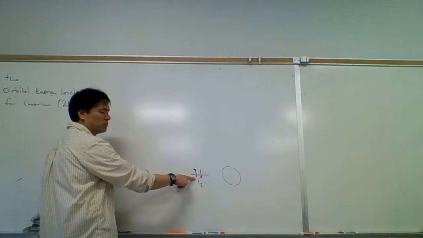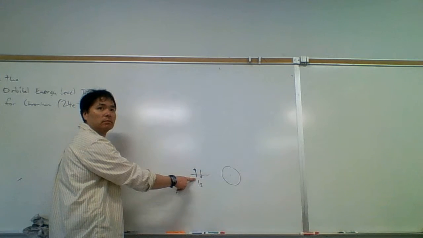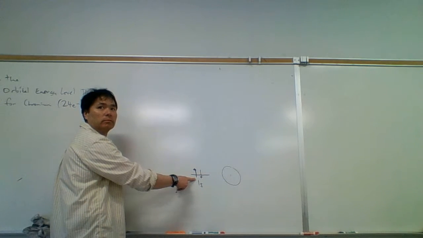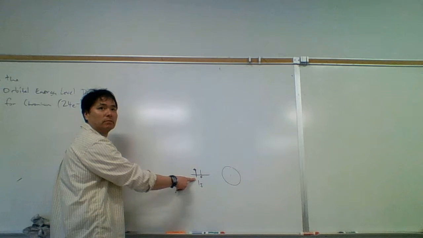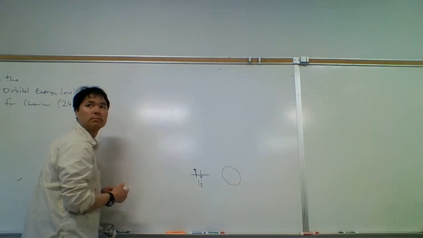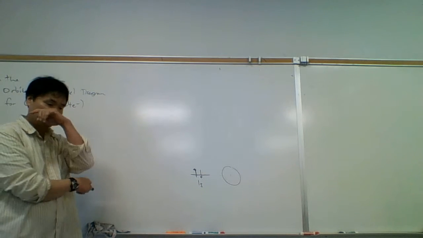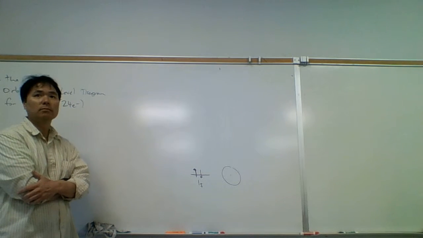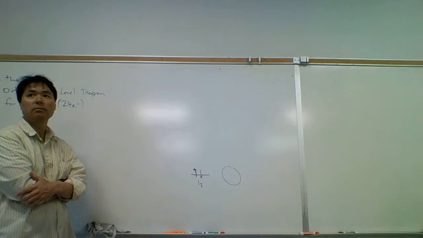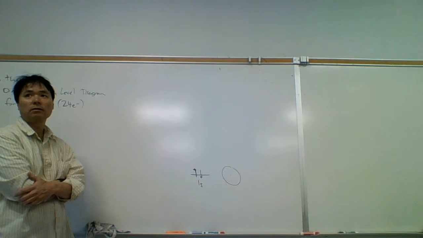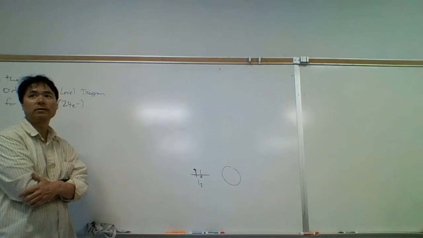What are the quantum numbers for this first electron here? Tell me the 4 quantum numbers for this first electron. Yeah, 1 0 is correct. Keep going from there.